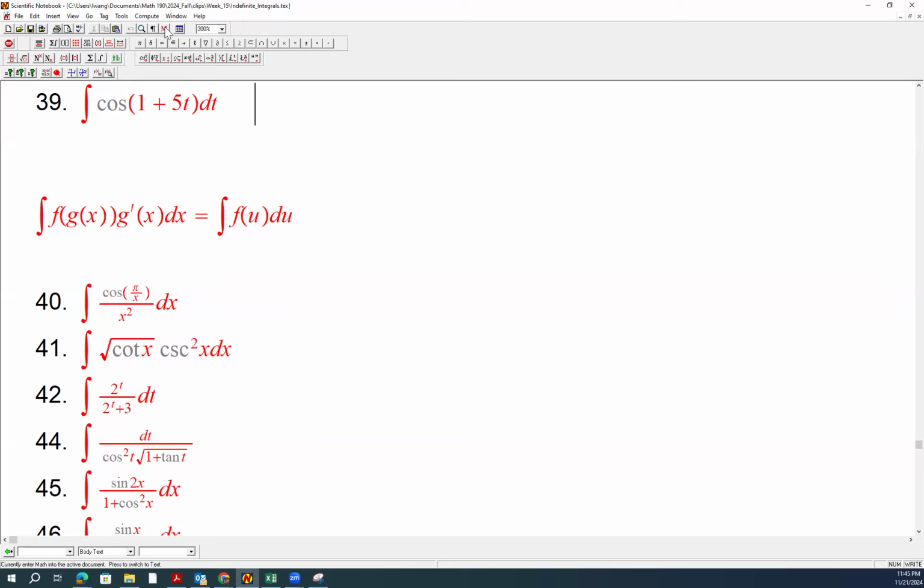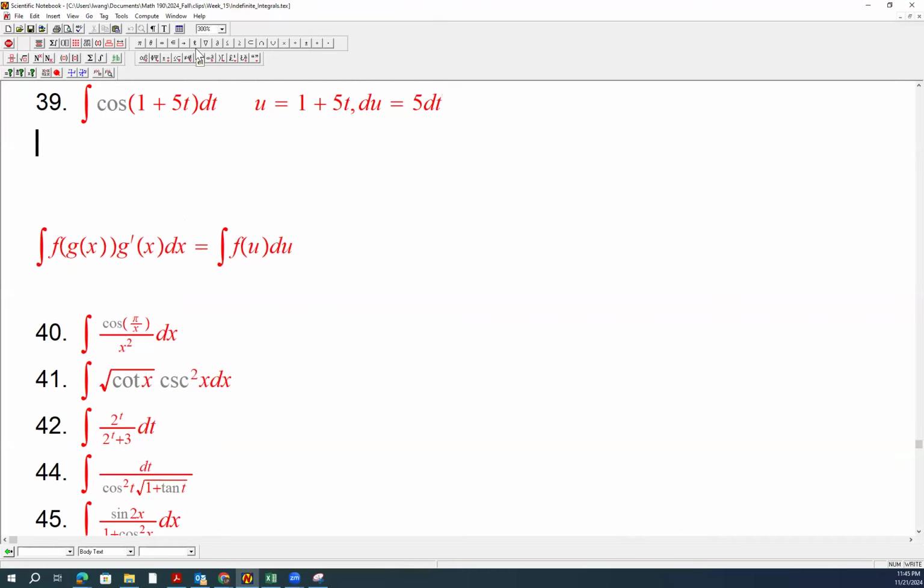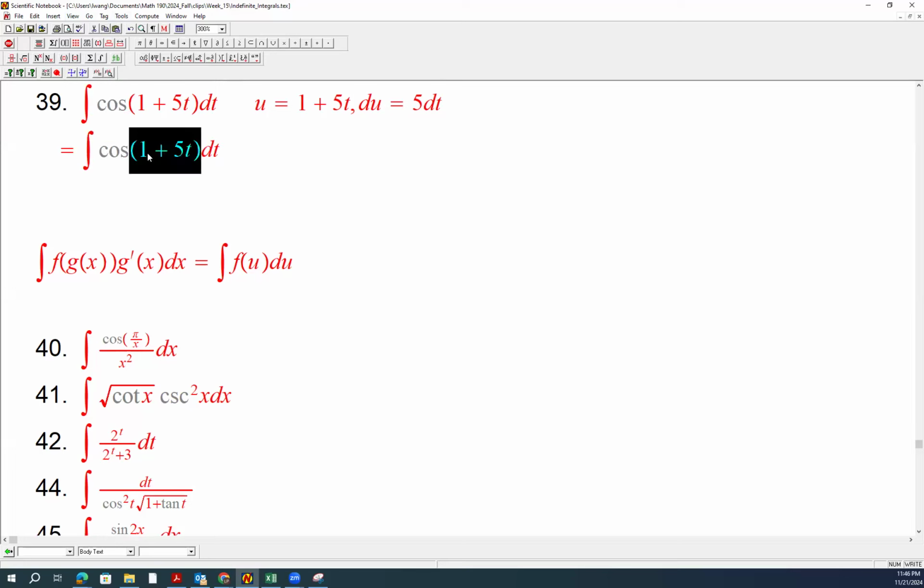We're gonna assume u equals 1 plus 5t. So du is equal to 5 times dt. Substituting, we got, right? This is u. dt is 1/5 of du.